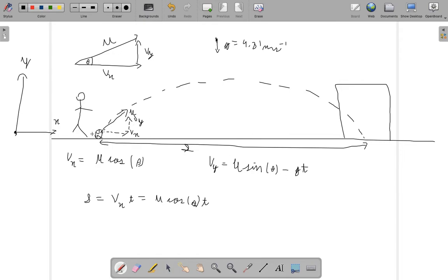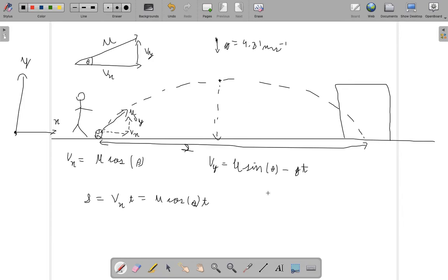And that's basically the equations that will help you calculate things for projectile motion. Also note, when the ball has exactly displaced s by 2, or half the displacement, at that stage our Vy will be equal to 0. We won't have any y component velocity.